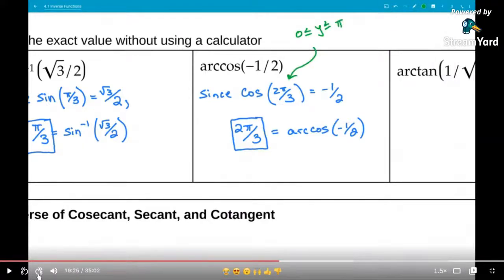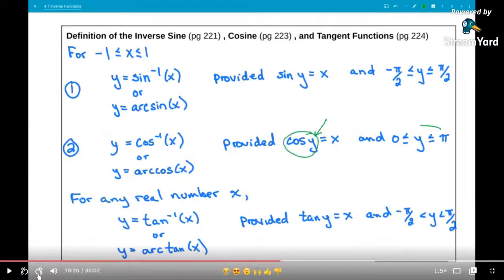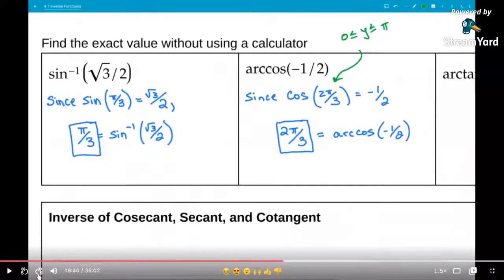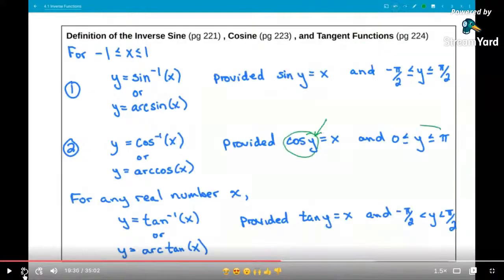So I'm just emphasizing what's written on the previous page there.